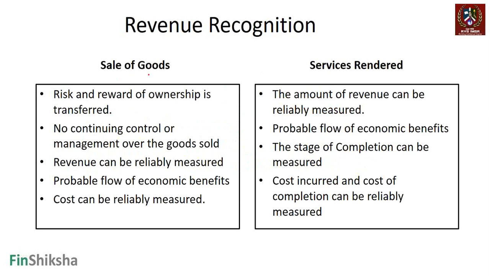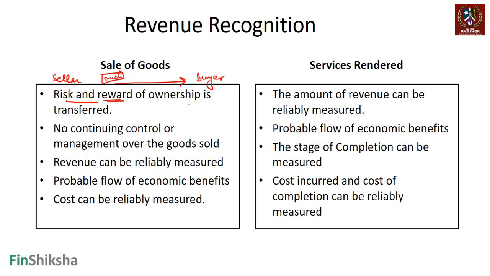So, sale of goods and rendering of services. In the case of goods, revenue is earned when the risk and reward of ownership is transferred. As soon as the ownership is transferred, that's when it is assumed. When we say risk and reward, for example, there is a seller selling goods to a buyer, and a truck, a container of goods, is being transferred, right?